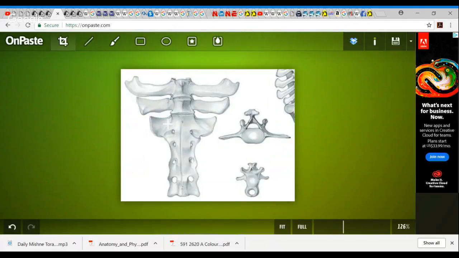Even the first two sacral vertebrae extend out a little bit, and the last three sacral vertebrae do not have these extensions very much. You don't see them coming out really. Okay, now all of that will be relevant for this chapter.